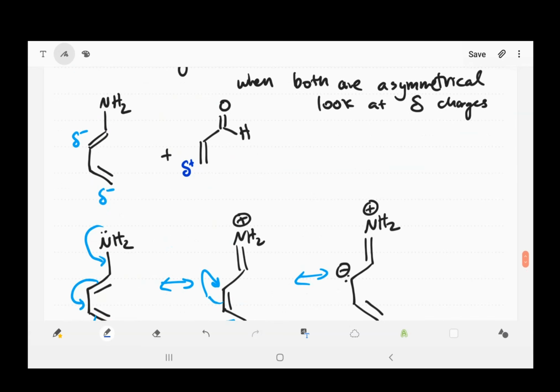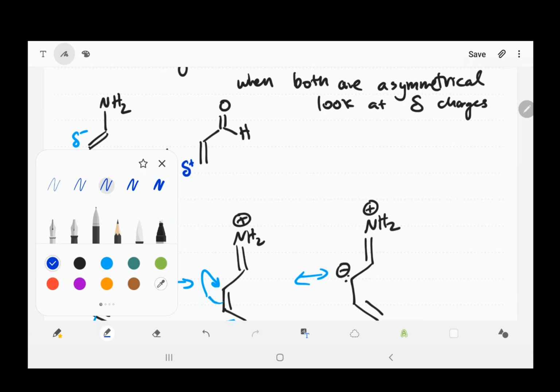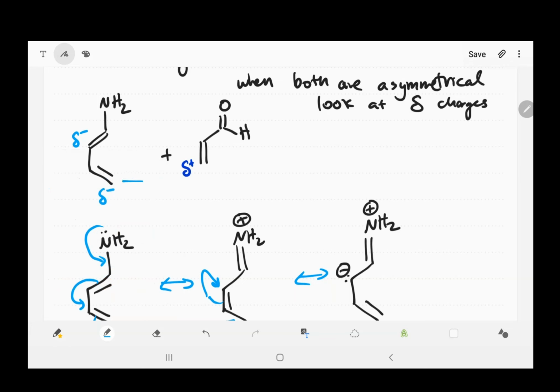And so, we're going to see that the most likely way that this is going to react is going to be connecting these two carbons together. So it's really the same way we've done it before. In this case. We'll see if we do other things, something else might happen.